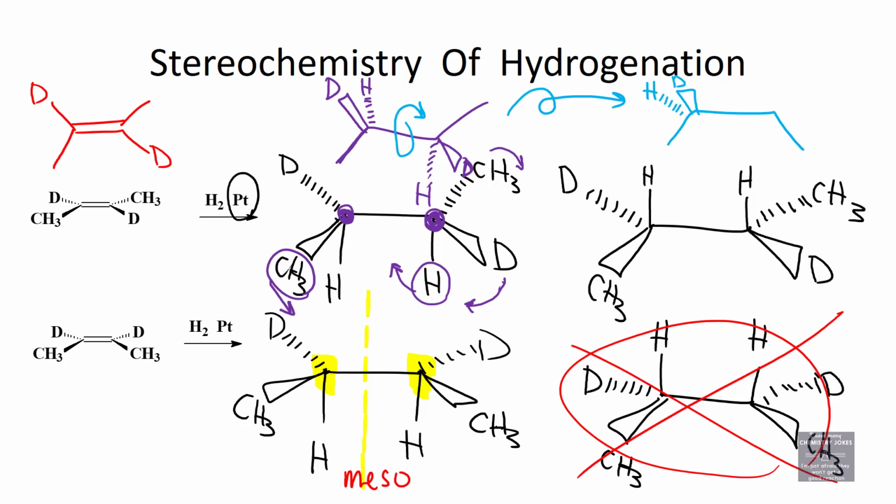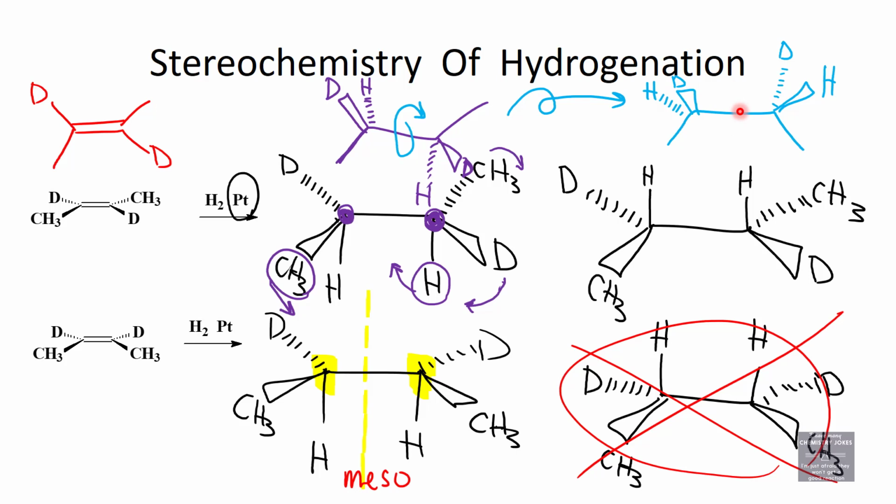Rightmost carbon, I'm rotating 180 degrees. 180 degrees puts my deuterium in the back, and it puts my hydrogen in the front. Could you look at this projection, this perspective, this blue thing, and tell that those hydrogens were added syn? No. They're pointed opposite directions. So it looks like they were not added syn.